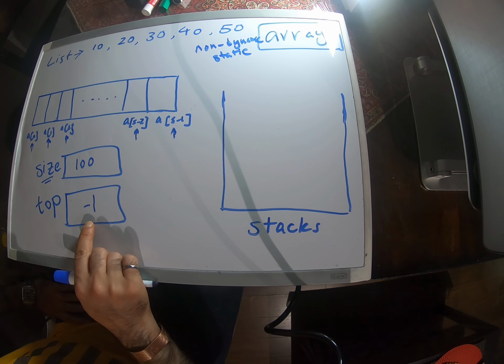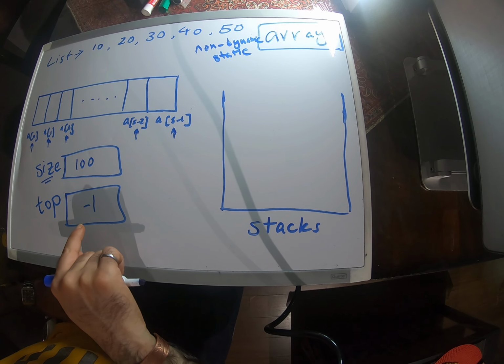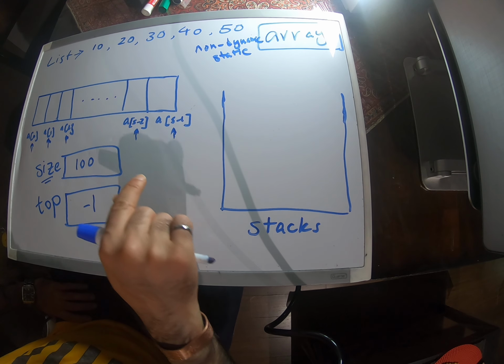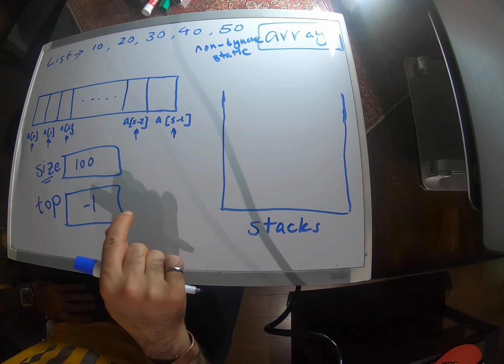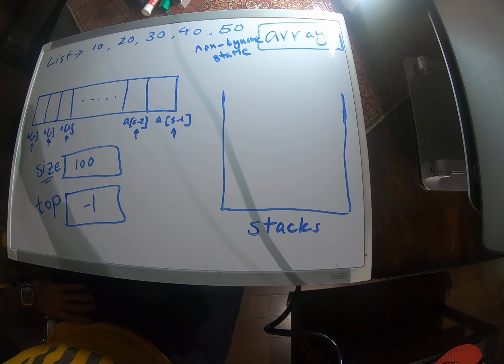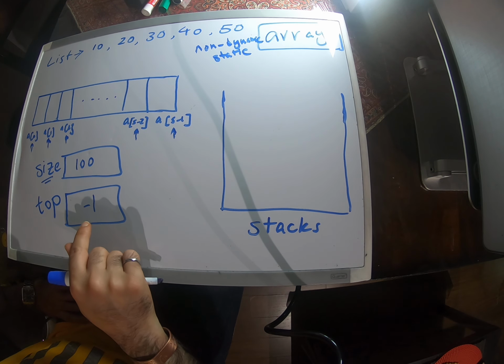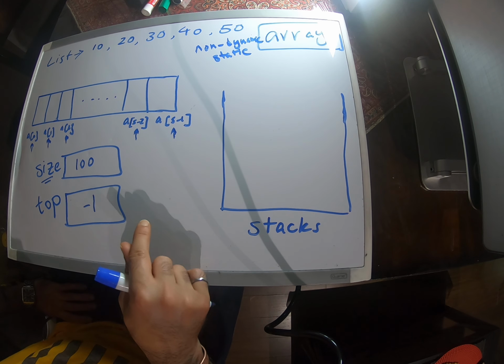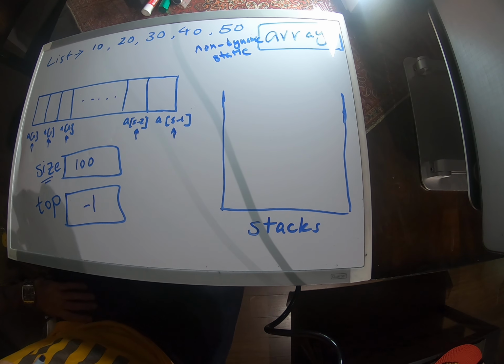Why do we choose -1? Because when we want to push an element into our array, that data item is going to be stored at what index?